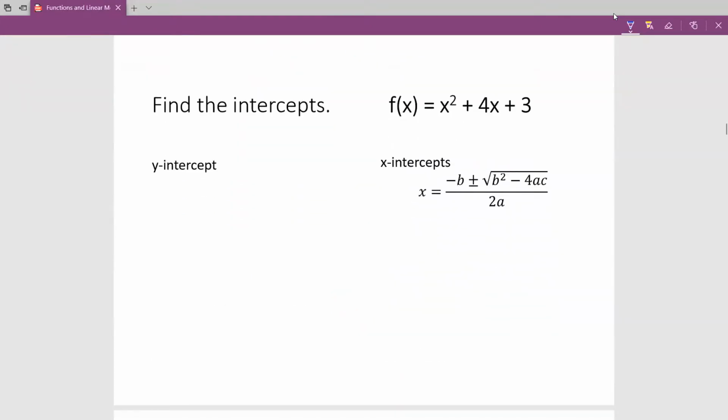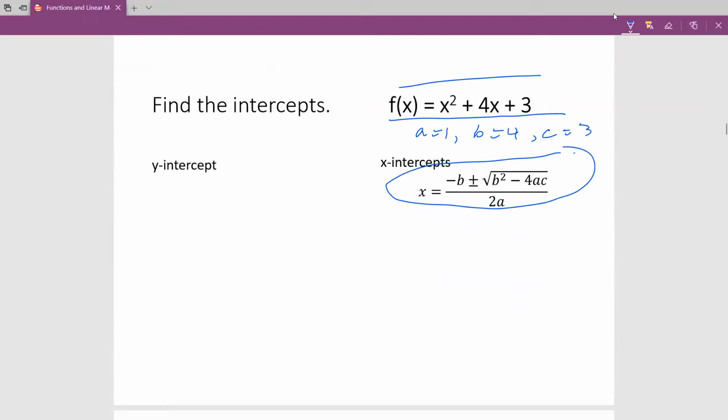So let's find the x-intercepts. Again, the equation is x squared plus 4x plus 3. a is 1, b is 4, c is 3. And we're going to use the quadratic formula, and we get x equals minus 4 plus or minus the square root of 4 squared minus 4 times 1 times 3, divided by 2a, which is 2 times 1.